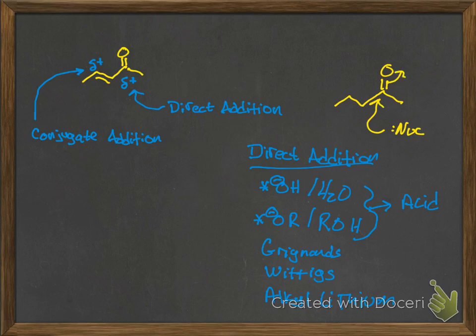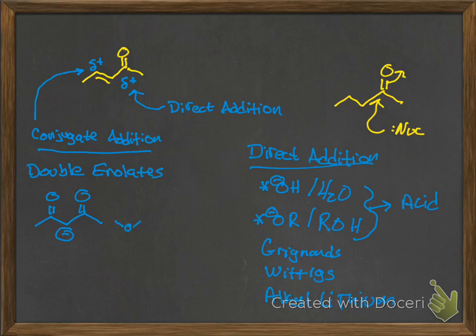Now, for the conjugate addition, it's a little bit different. The nucleophiles for the conjugate addition consist of double enolates. Allow me to explain that. Something like this, where it's a diketone and you have a negative charge in between the two carbonyls. It could happen something like this, where you've got some kind of malonic ester.